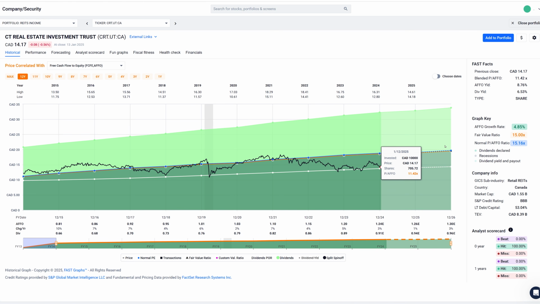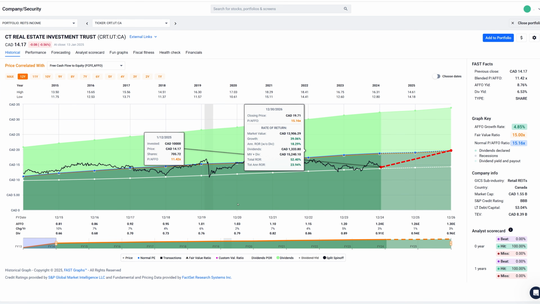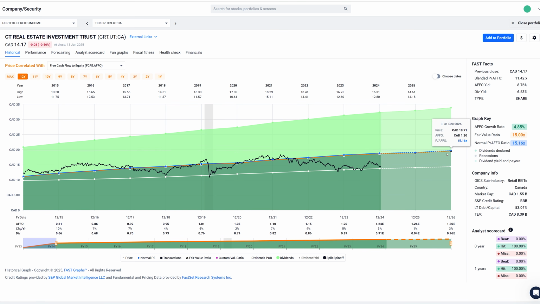And so that would give us the ability to see some really nice rates of return of over 20% a year over the next couple of years, just based on the company reverting back to a normal multiple. We've also got a very high 6.53% dividend yield. And again, if I look at performance, and I want to put this in perspective, it was modestly overvalued at the beginning. It's now undervalued.